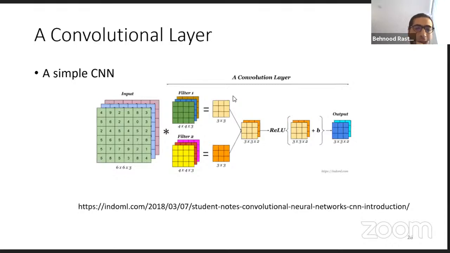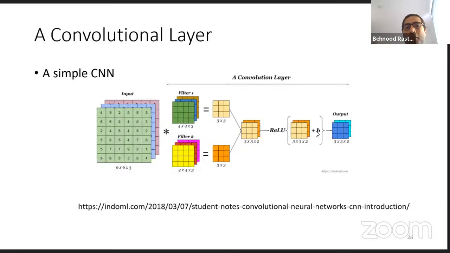So the main question here is how to estimate the values. By the way, the values of the filters are called W, often the weights. The reason it's empty here is that we need to estimate them. We also need to estimate the bias.